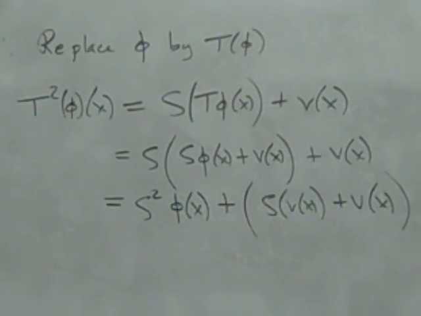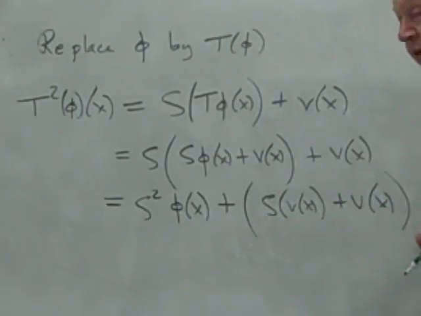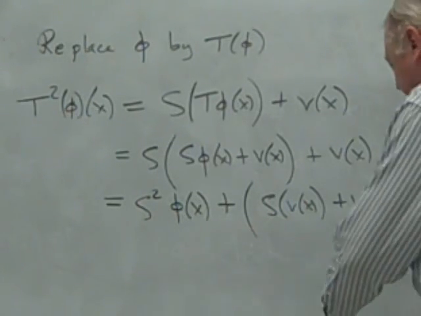So it kind of has the same form once we figure out what S squared is, because this is just some fixed constant function at the end here.